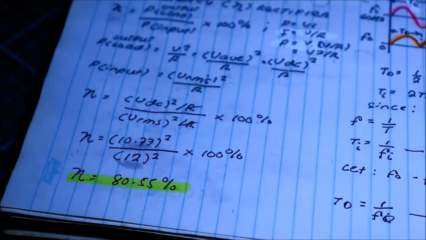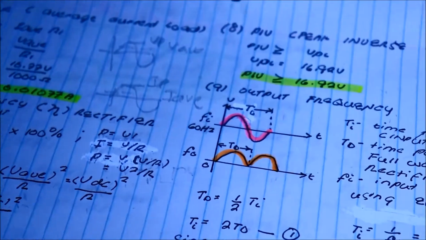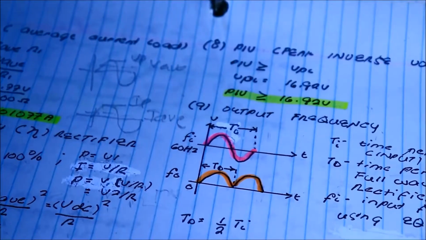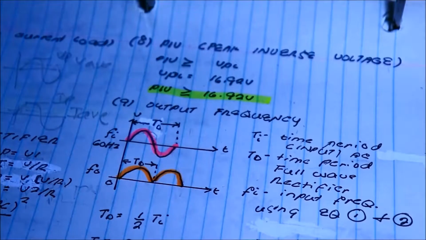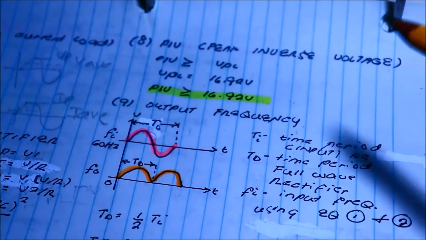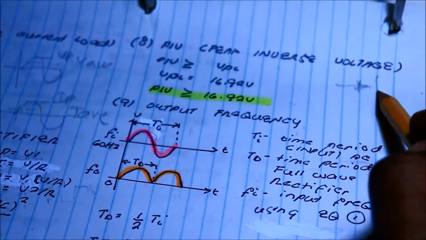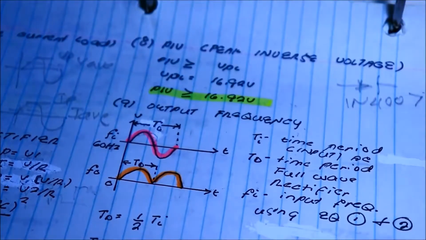We now come to the next problem solving, and that is this PIV. What is this PIV? Peak inverse voltage. The requirement for the PIV of the rectifier, the diode, the 1N4001-007.